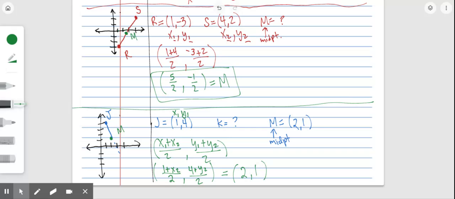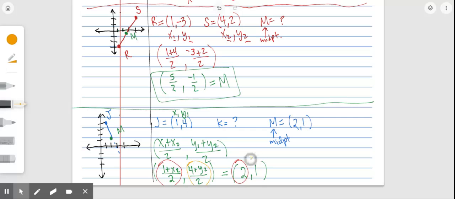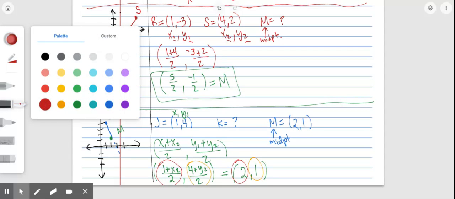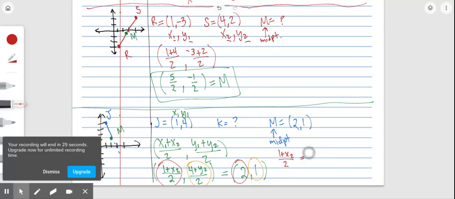So basically what I have here is I have two separate coordinates. I've got this coordinate and this one. Those are my x coordinates. And I've got this coordinate and this one. These are my y coordinates. So I can set them equal to each other. So I get 1 plus x2 divided by 2 equals 2.